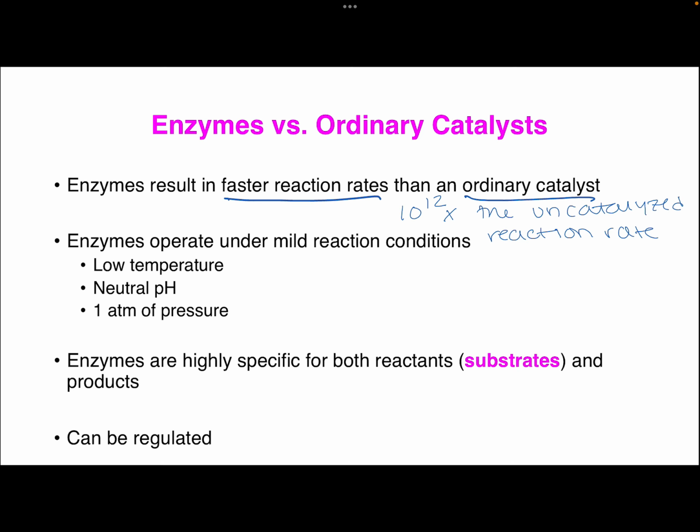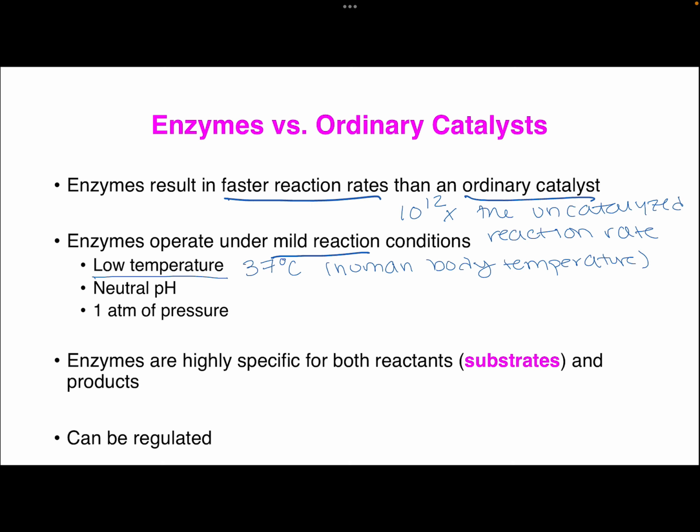They're also different because they can achieve these huge accelerations in reaction rates under pretty mild conditions. Life has to happen under very specific conditions. Low temperature, so human body temperature is 37 degrees Celsius, which is quite a bit below the boiling point of water.